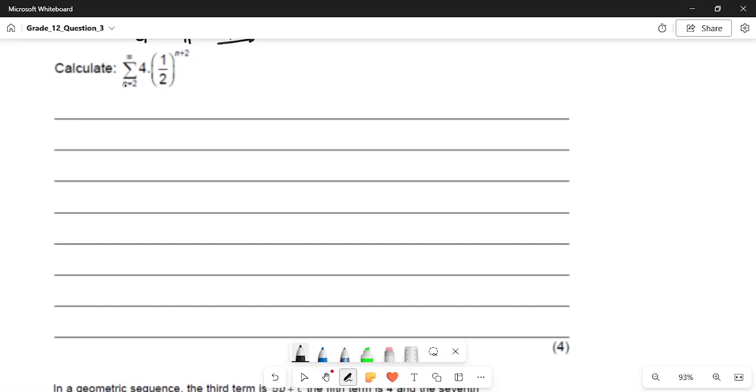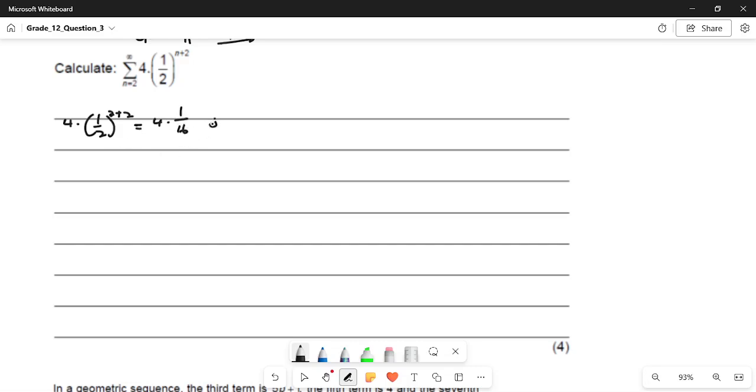Our n starts at 2, right? That means I'll say 4 into a half raised to the power 2 plus 2. So a half raised to the power 4. This will be 1 divided by 16. So I'll have 4 into 1 divided by 16.